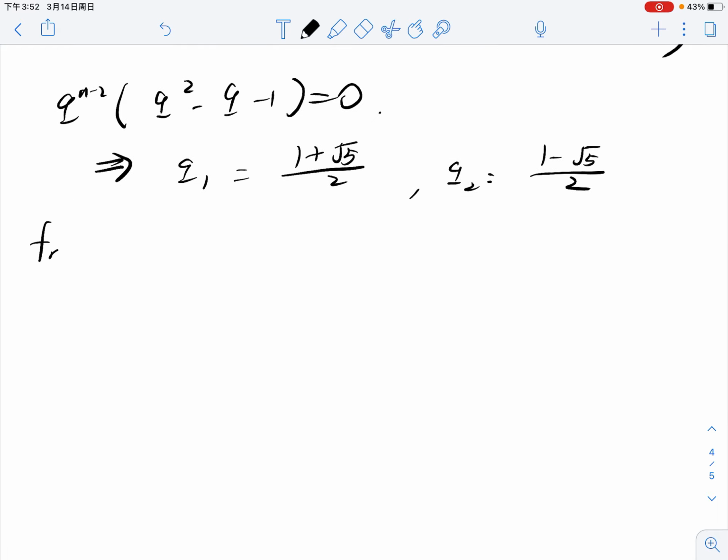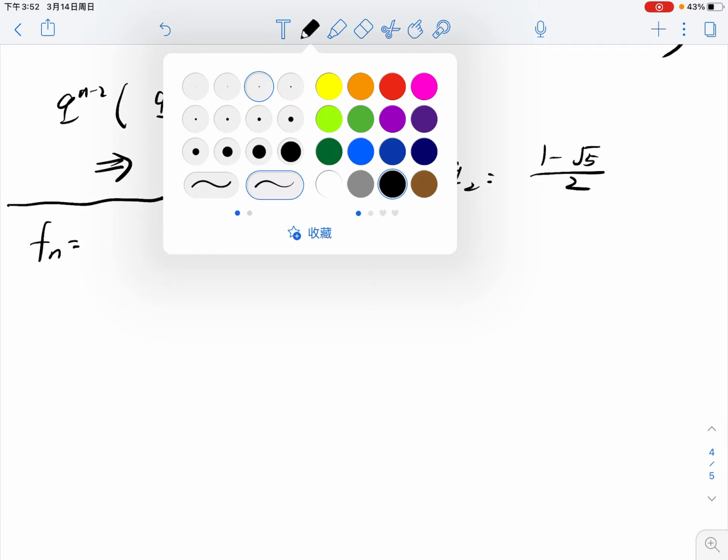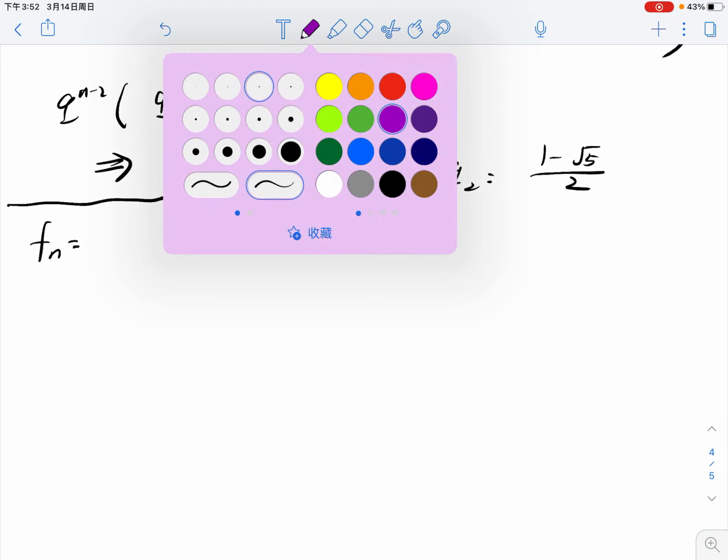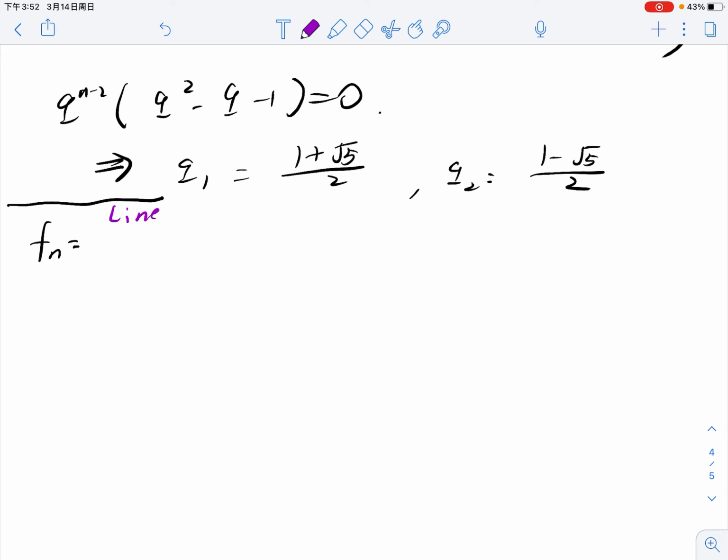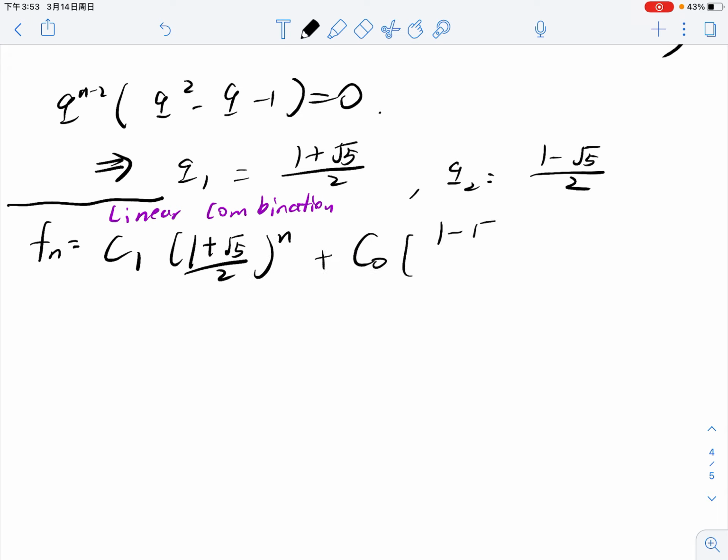Okay, then let's do the linear combination. So Fn will be C1 times 1 plus square root 5 over 2 to the nth power plus C0 times 1 minus square root 5 over 2 to the nth power.